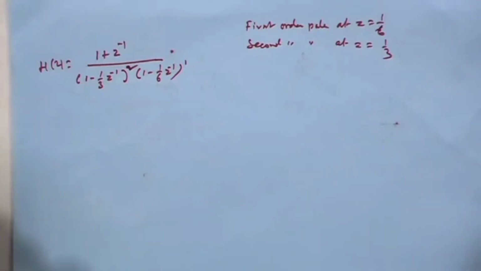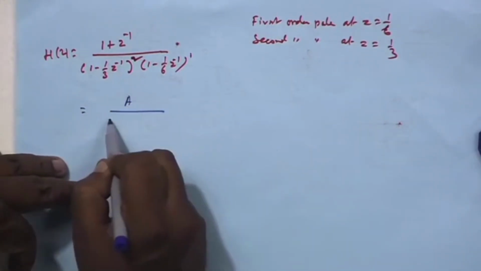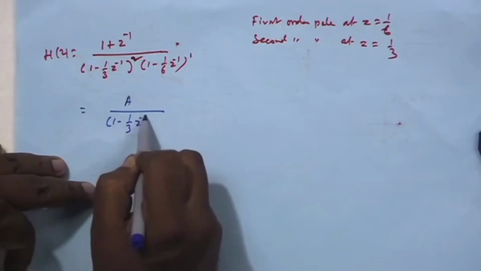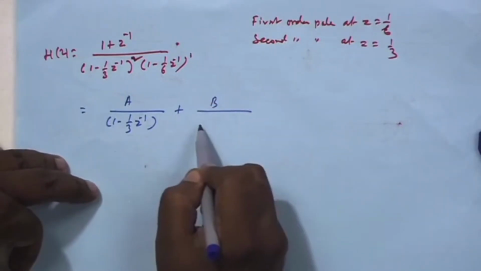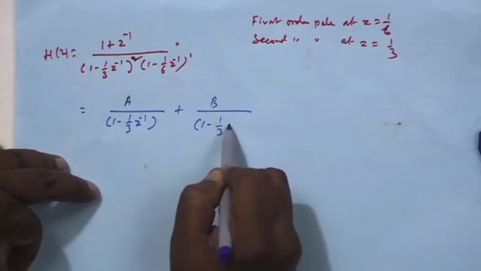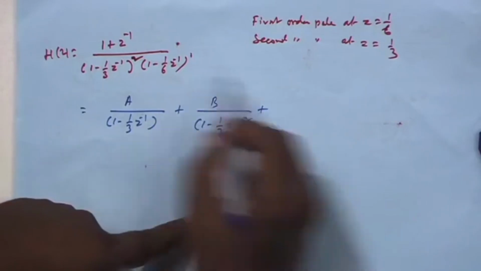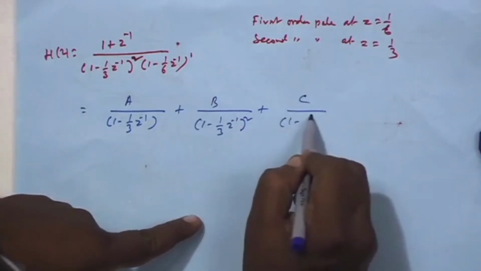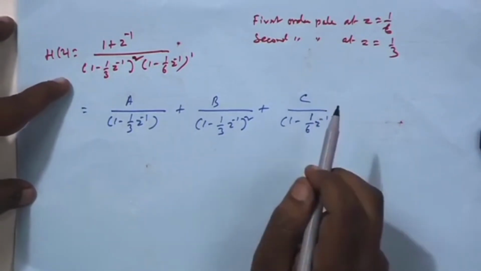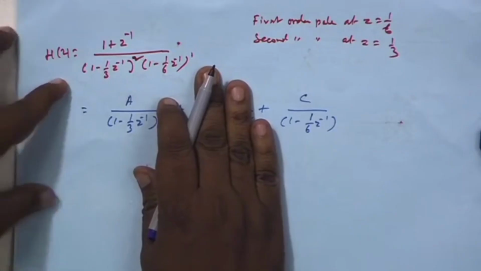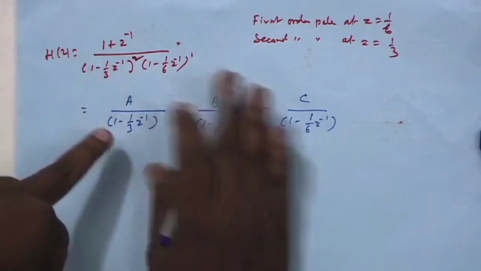To factorize this, as before we would have A by 1 minus 3 z inverse, then B by this again, the factor squared, and then C by the other factor. Why? Because if you do not have this, then the denominator will be the product of the other two, but here you have got a power of 2, so this must be present.